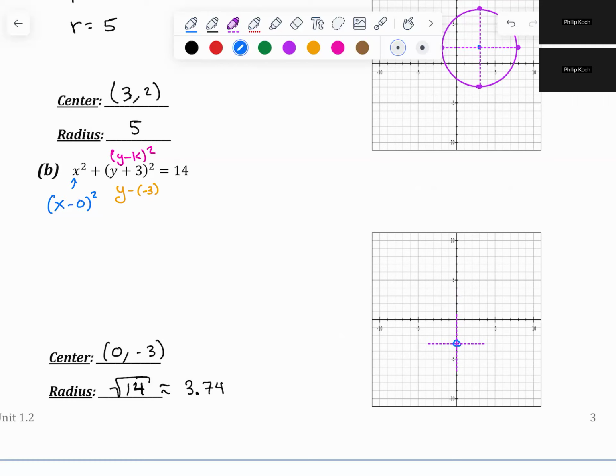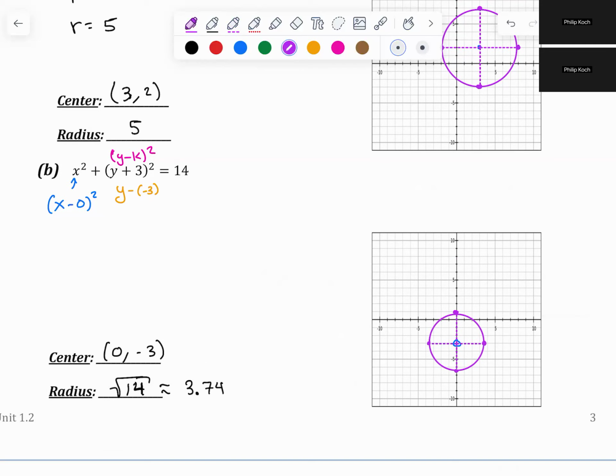And then we'll plot them. Boom, boom, boom, boom, and then connect them with a circle. Not bad, not bad. For estimating 3.74. Any questions on that?